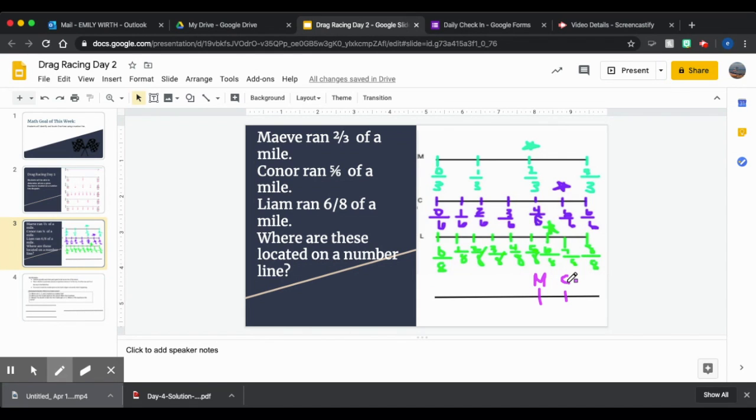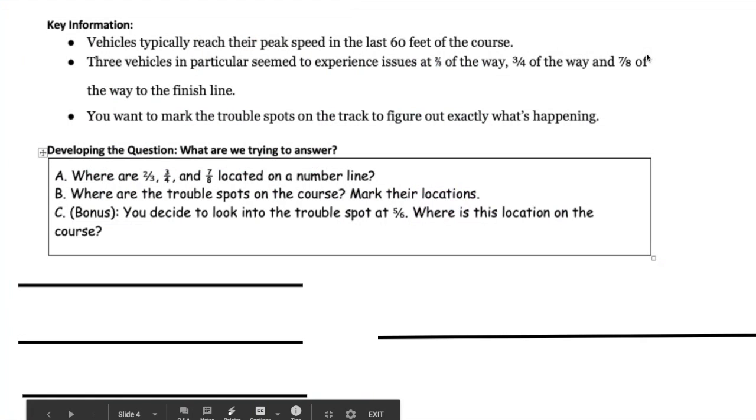And finally, Liam ran 6/8 of a mile, so I can mark Liam here. Connor ran the farthest, Liam ran the second farthest, and Maeve ran the shortest distance. Make sure that you are plotting them on a final number line to show how they compare to one another. Let's take a look at your assignment for today.